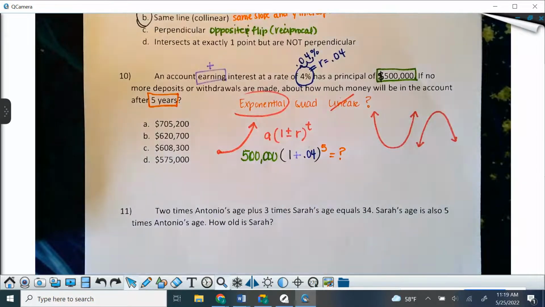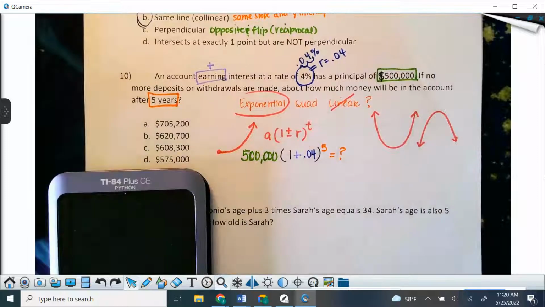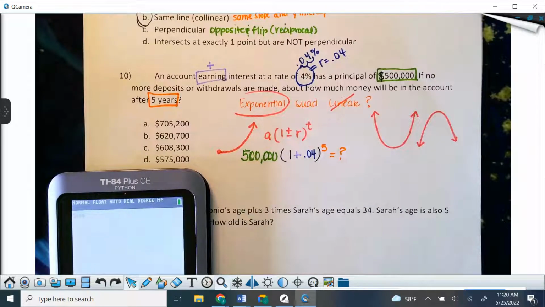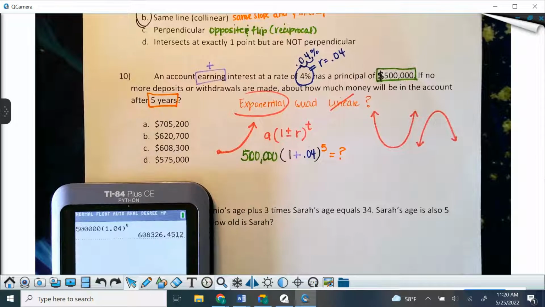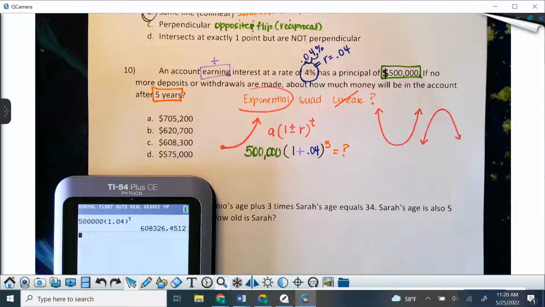And you can plug it in your calculator just like that. You can use a calculator or Desmos, whatever you have available to do your computations. So 500,000 times 1.04 raised to the 5th power is 608,326. And it says about how much, so it doesn't have to be perfect.